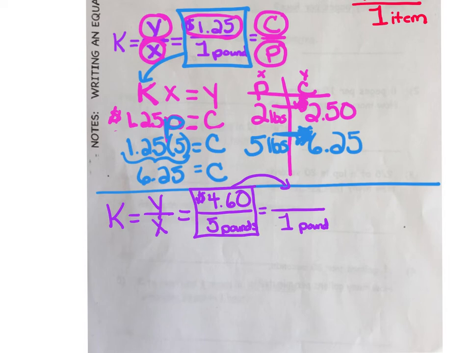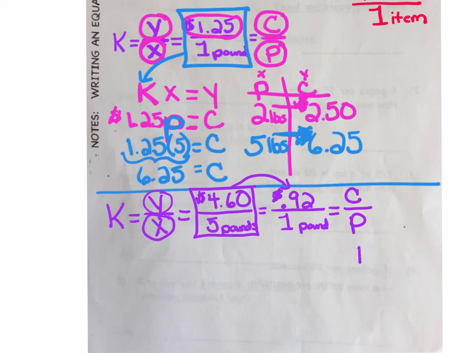You should get 0.92, which means 92 cents per 1 pound. And when we write our equation, we don't have to use the variable y and the variable k. We can choose other variables like c for cost and p for pounds.